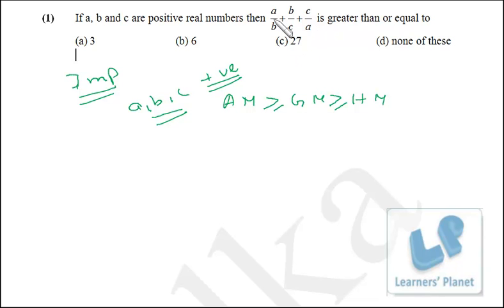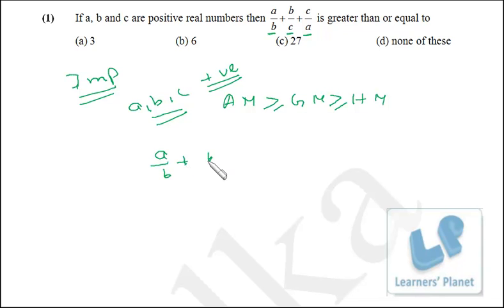So precisely A by B plus B by C plus C by A. A, B, C have been given to us as positive real numbers. So A by B is also positive, B by C is also positive and C by A is also positive, right? So what I do is I take these three different numbers, A by B, B by C and C by A. So what will be their arithmetic mean?